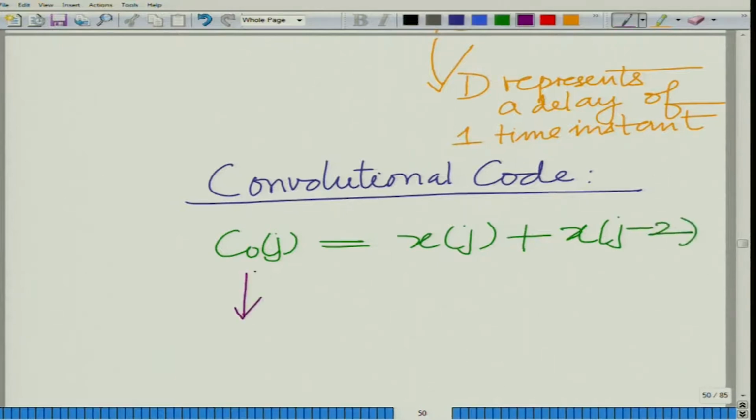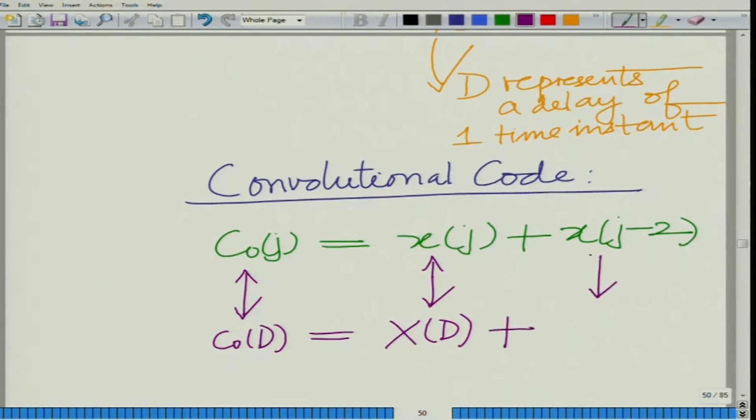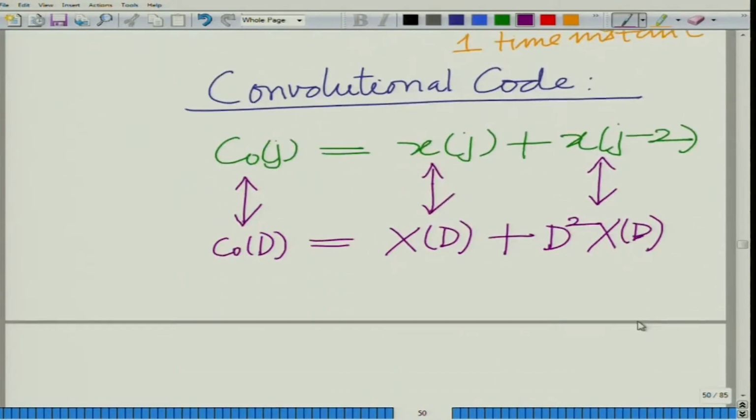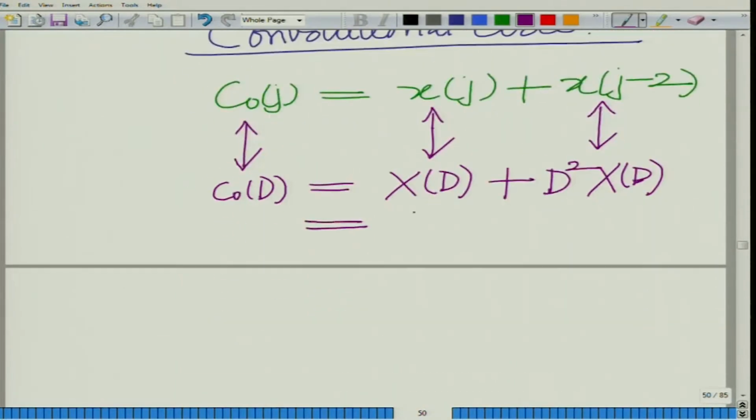If you take the D transform, what you are going to have is C naught of D equal to x of D plus the D transform of x of j minus 2, which we have already seen is D square times x of D. Okay, x of j minus k is D to the power of k times x of D, and therefore the D transform of the coded bit sequence 0 is simply x of D into 1 plus D square.